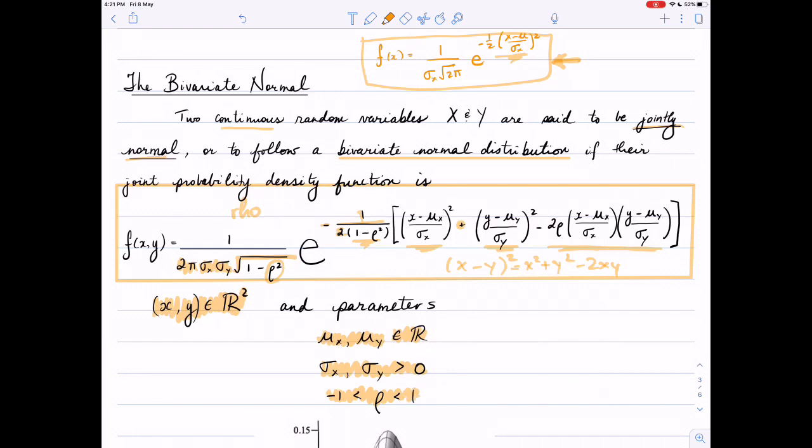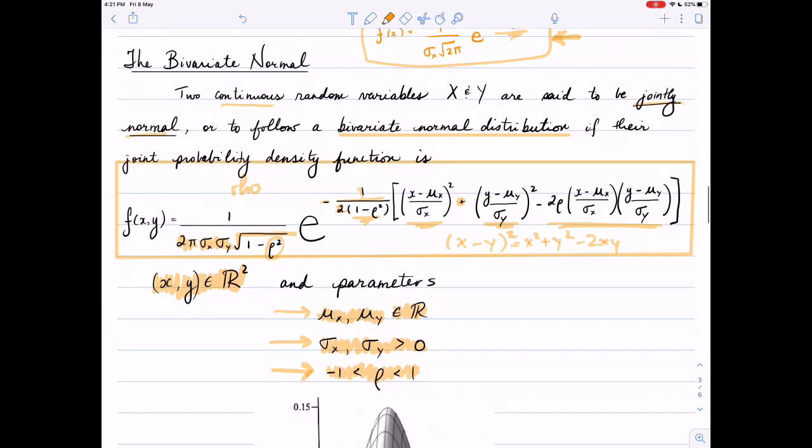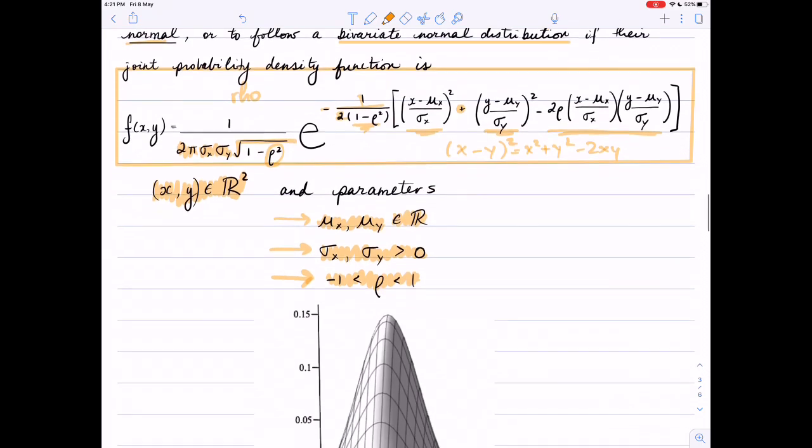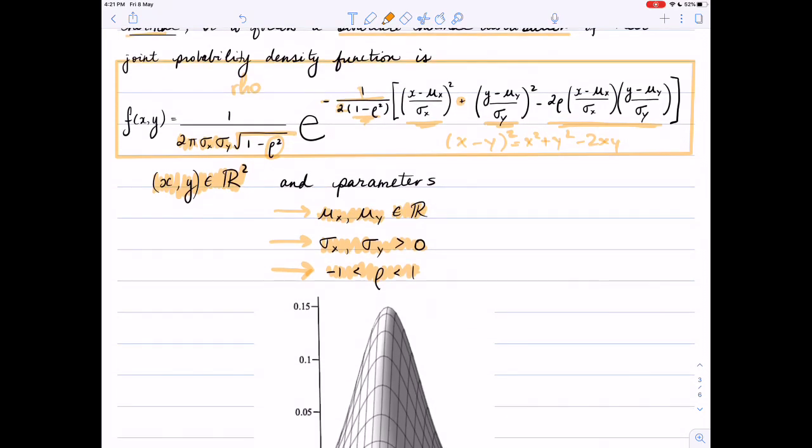Now, these things are named so that we interpret them as the means, the standard deviations, and the correlation, but that is not necessarily true just because they're named that way. That actually would require some work to show, but they are named that way because that does in fact come out to be true.